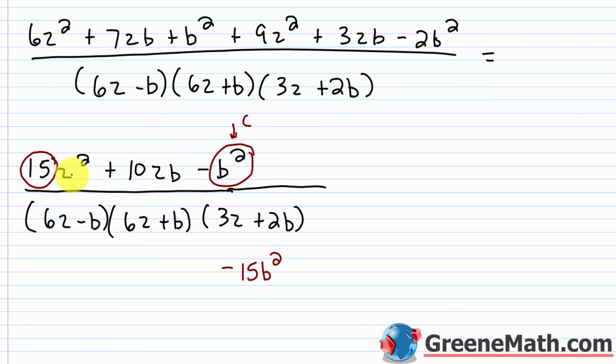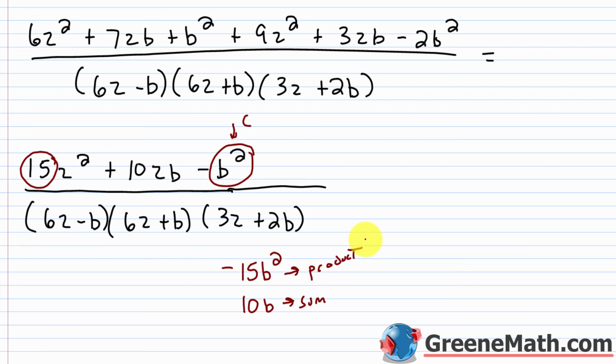Z is my squared variable here, so I'm going to treat this b part as if it's part of the coefficient of z. So 10b is the sum I'm looking for, negative 15b squared the product. I know that's a little advanced. We'll do a lot of that in Algebra 2, but for right now, just follow me on this.